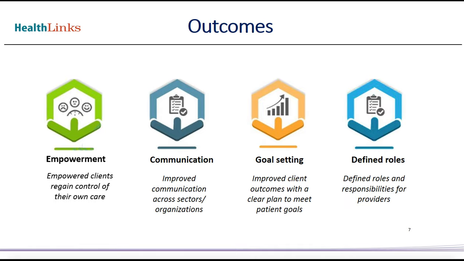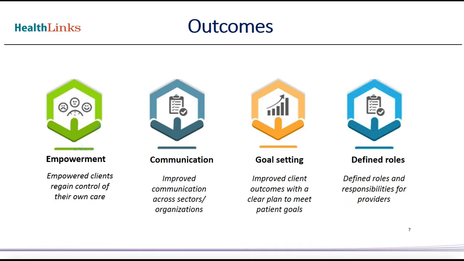Some of the outcomes of a coordinated care plan include empowerment. So, patients are really able to gain control over their own care and provide meaningful input, as previously discussed. Communication, so, improved communication across different sectors and organizations, whether it be hospital to social services, home and community care to primary care.